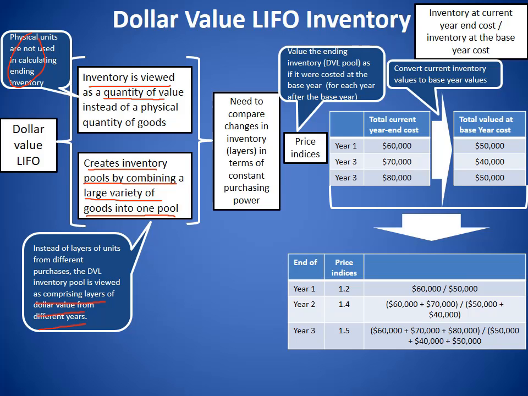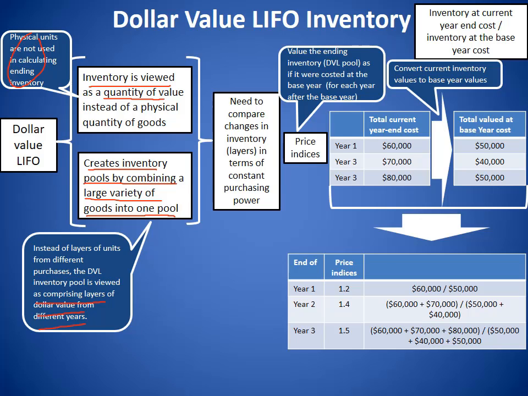But one of the problems is that when we're trying to compare changes in dollar values of cost pools from year to year, they're not necessarily the same, because we're literally comparing apples and oranges. So we need to come up with some type of constant value so we can compare apples with apples.